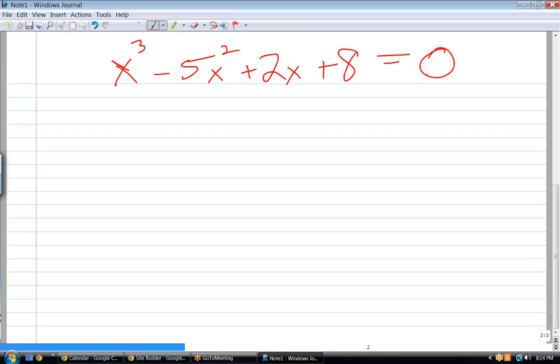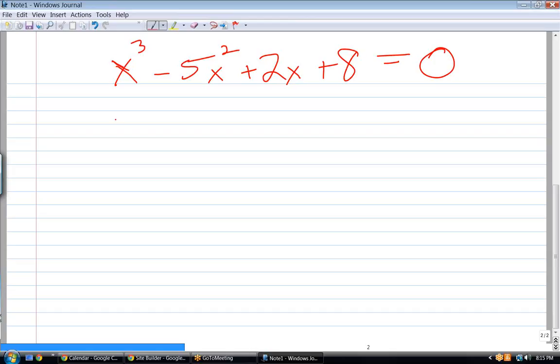Now notice that this is a cubic, so it's going to have 3 solutions. So it has to have a rational solution. There's no way it could have just complex or just irrational solutions, because there would have to be an even number of them. So if you know that there's exactly 3 solutions, one of them has to be rational.